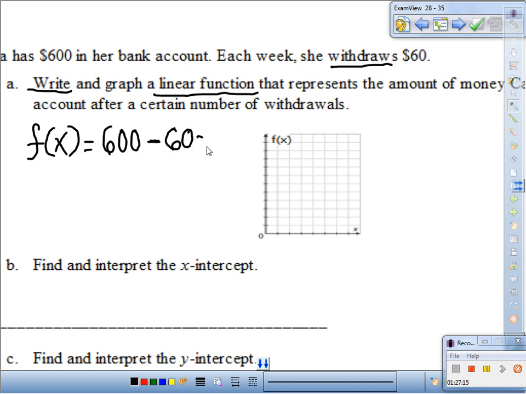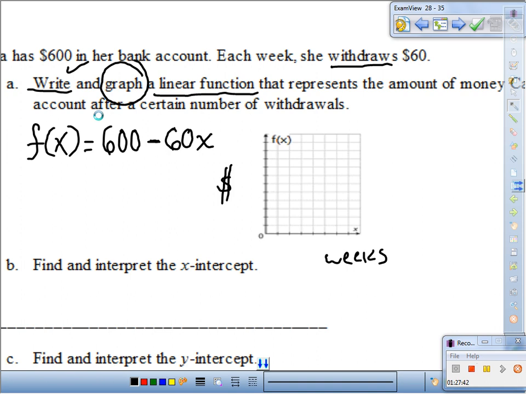No, so it's 60x. I'm done with the first part of A, which is write a linear function. Piece of cake? Okay? And once again, the x represents the weeks, and the f of x represents the what? The money. It says, find, oh, I'm sorry, we are not done with A. What is the second part? Graph. All right.